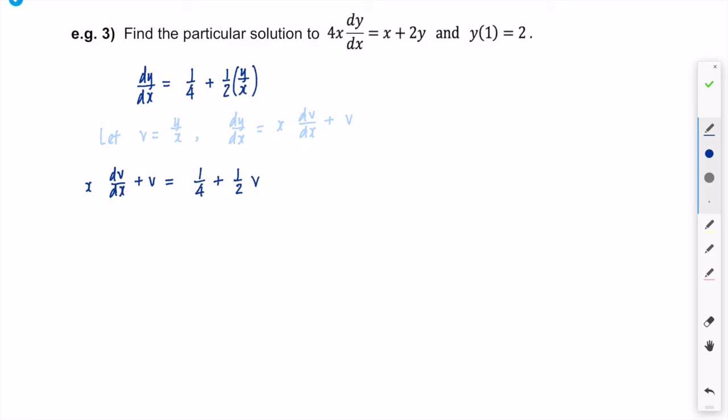And then if I try to gather like terms, here I have 1 over 4 minus 1 half v, because positive half minus 1 is negative half, and x dv by dx. If I factor out 1 over 4, I get 1 minus 2v as x dv by dx.